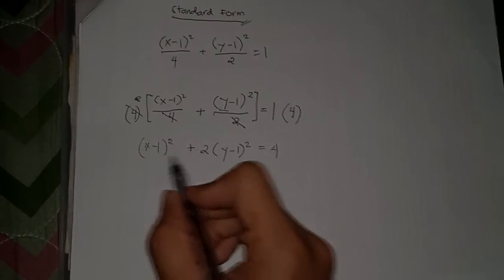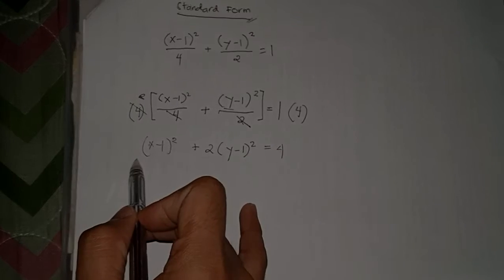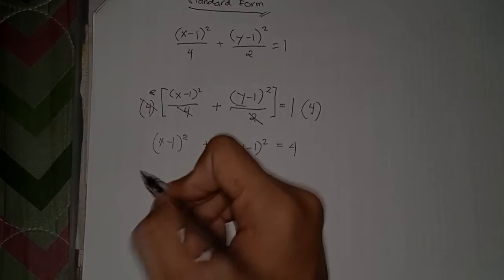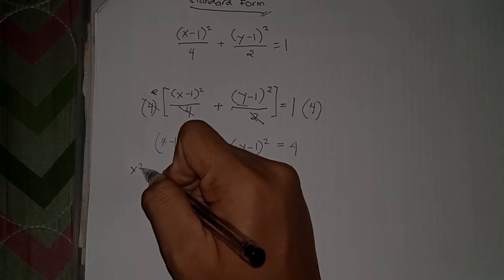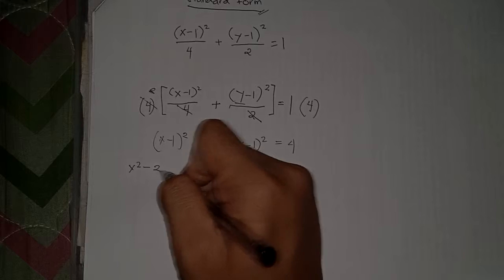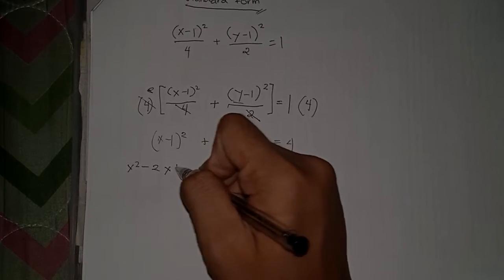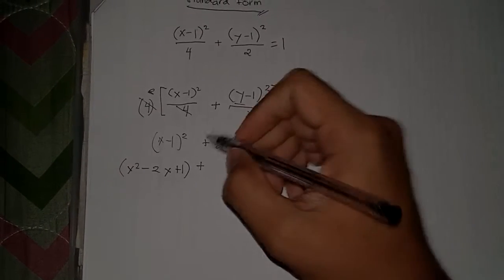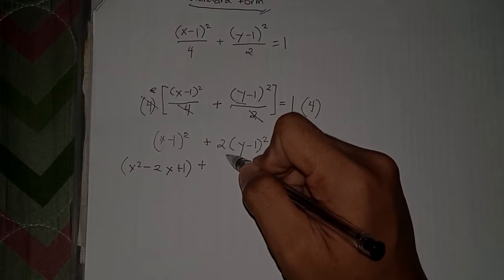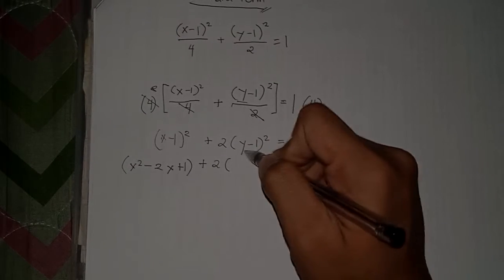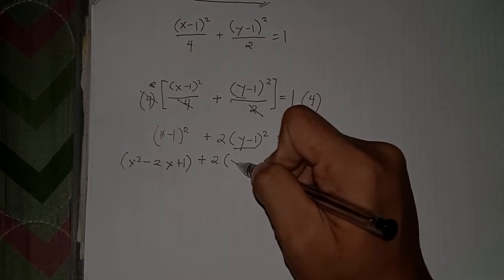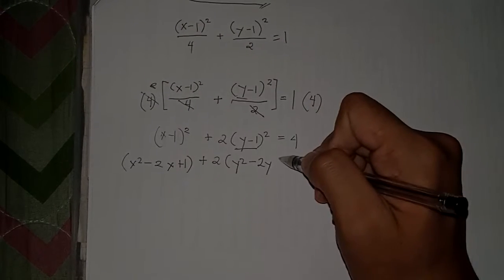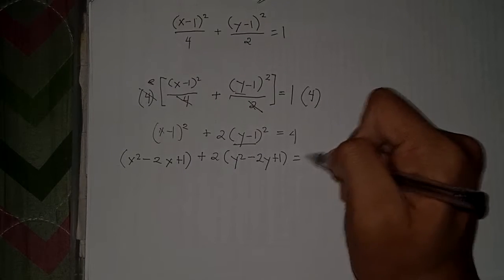Now after we find the denominator, we have to expand this. So x squared minus 2x plus 1, then plus 2 times y squared minus 2y plus 1 equals 4.